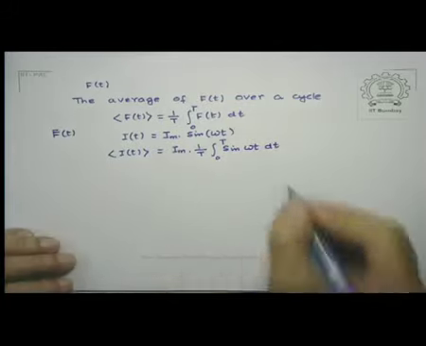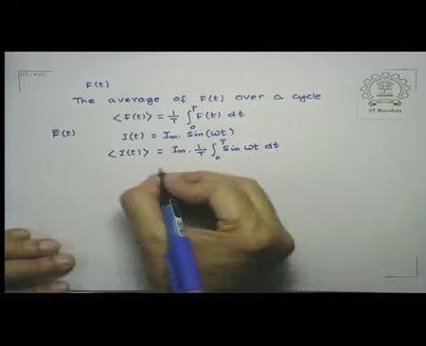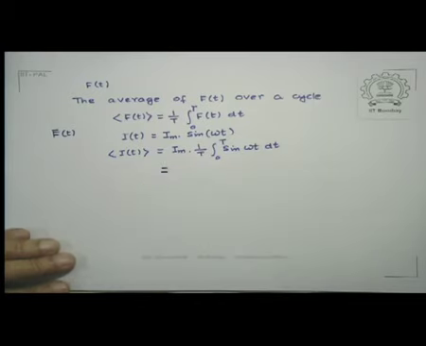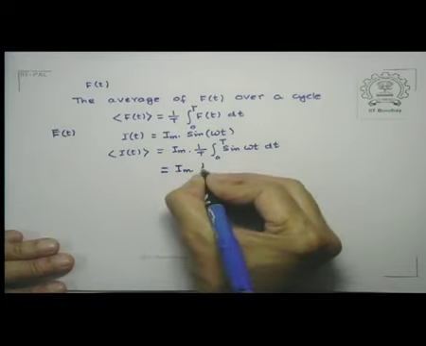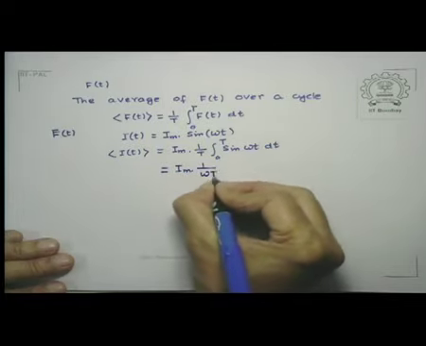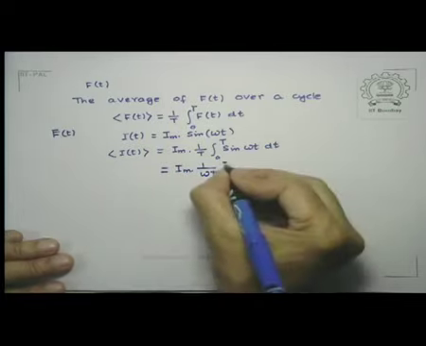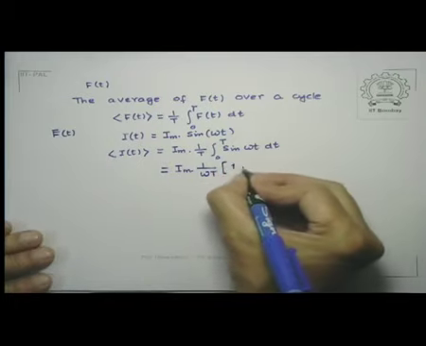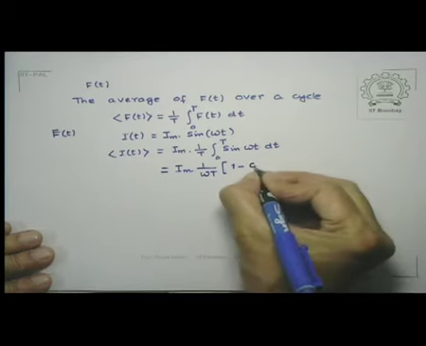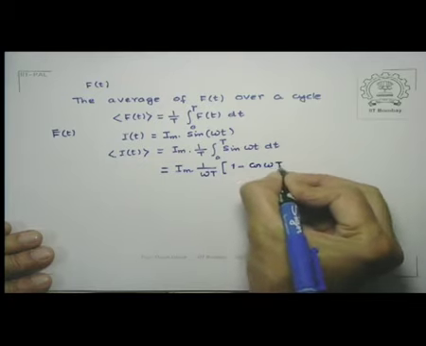You recall that the integral of sine omega t is minus cos omega t by omega. So it is Im times 1 over omega T, and if you take the limit, it is cosine of 0, that is 1, minus cosine of omega times capital T.